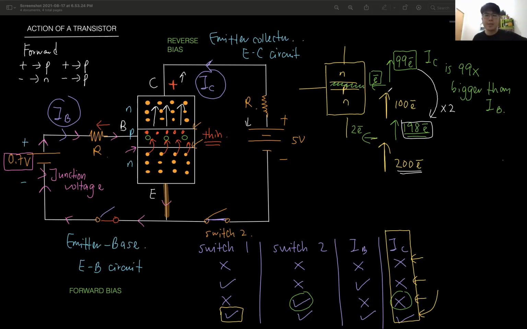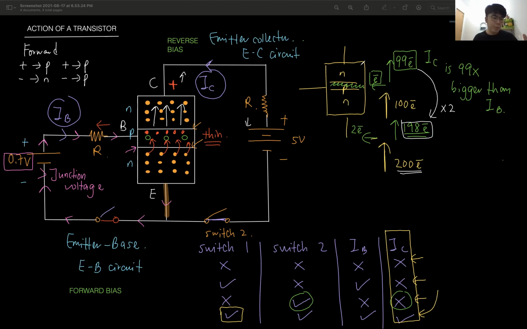So what does this tell us? When I double the current, the current coming out from the IC is also double. So if I triple it, then the IC is also triple.